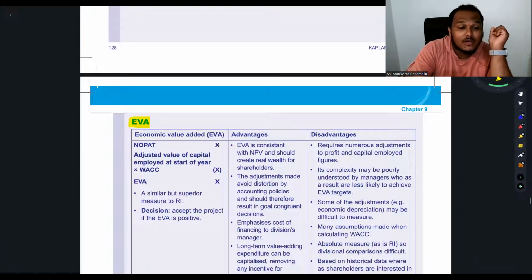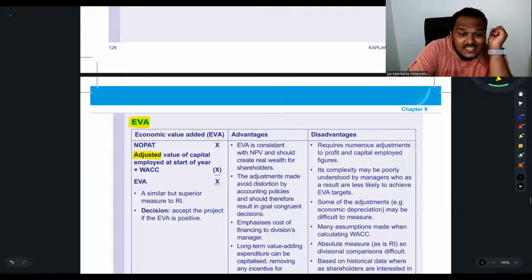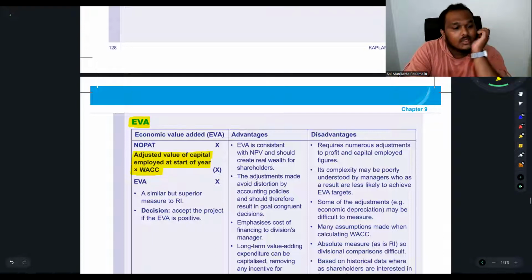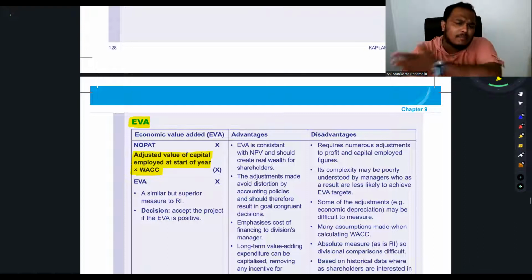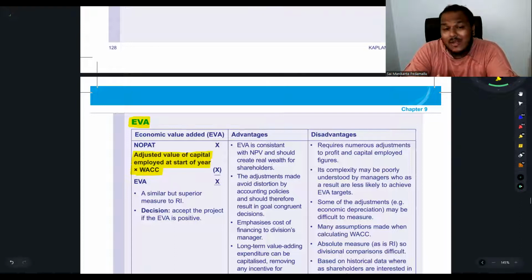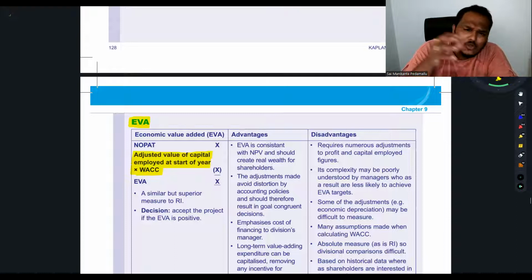So that is why we use the words adjusted value of capital employed at the start of the year into weighted average cost of capital. Can we say adjusting non-cash items? Who said non-cash or actual cash? I'm not deducting or adding back the total depreciation. Utilization of an asset is a non-cash transaction only.